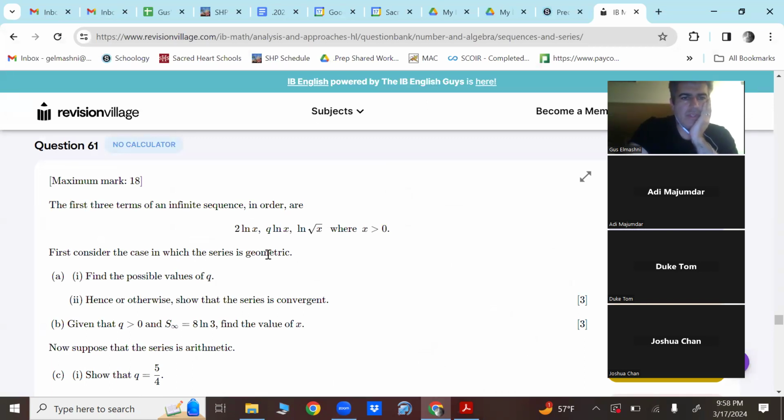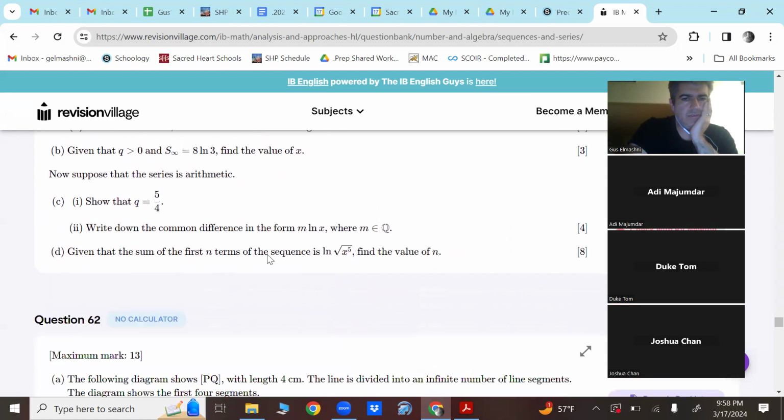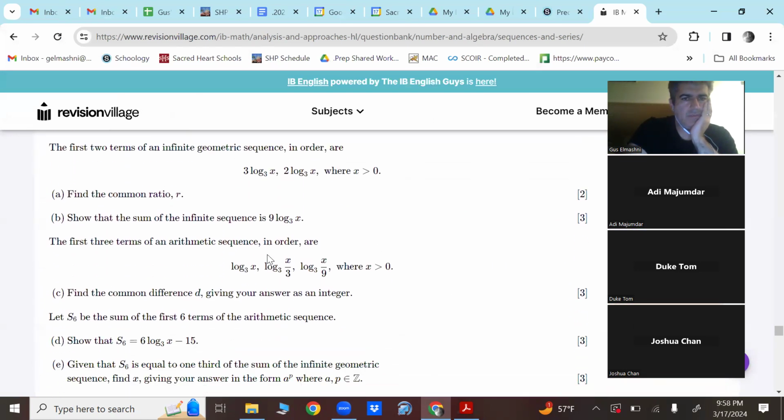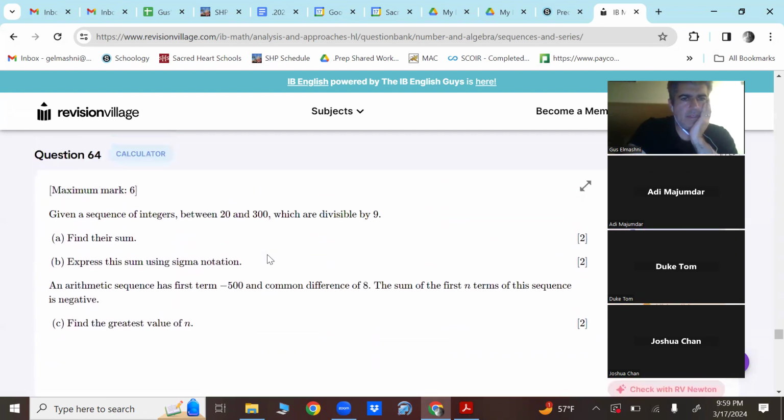Just trying to see which ones look good.